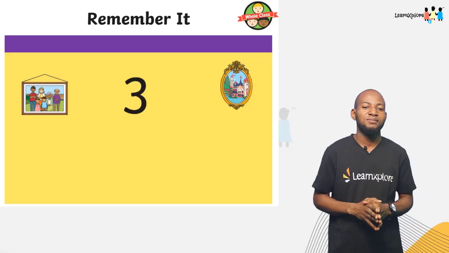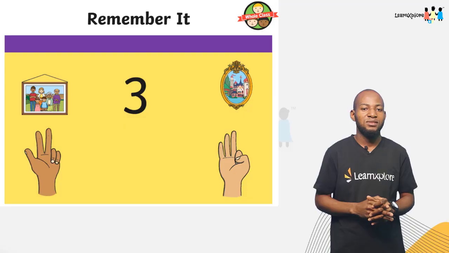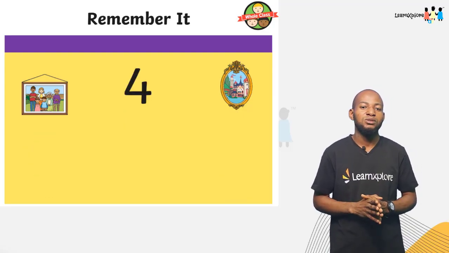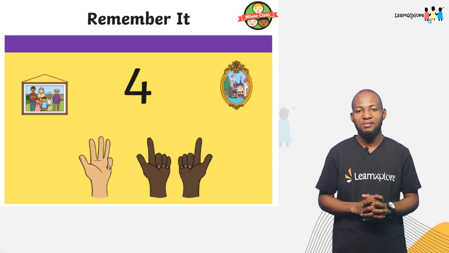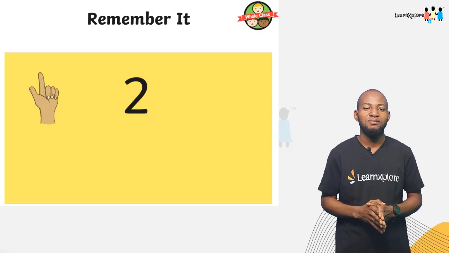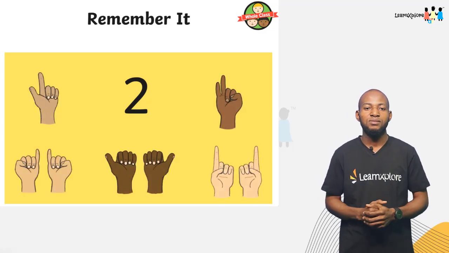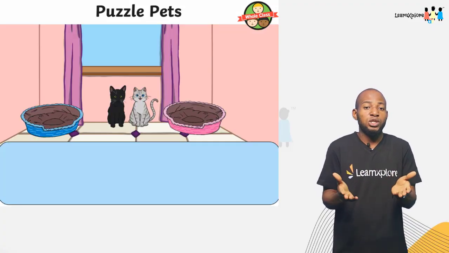Show this. And this. Show the correct number of fingers to represent this number. And what about this? That's good. Now let's help the cats choose where to sleep.